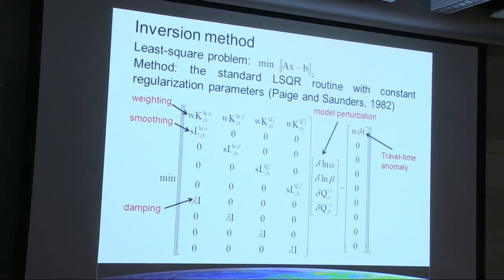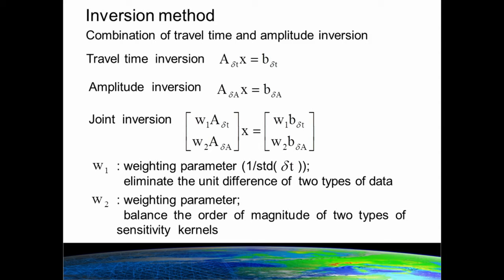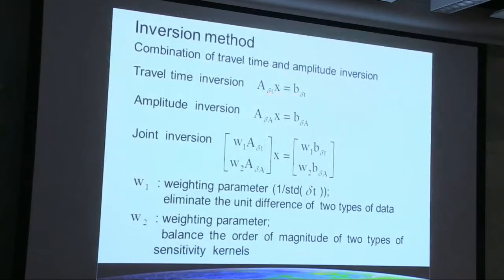Here we have the travel time anomaly. The amplitude anomaly could be written similarly. We plan to combine the travel time and amplitude information during the full waveform inversion. For the travel time only inversion, we will have this equation, where A delta t contains the travel time sensitivity kernels, X the model perturbation, B delta t is the travel time measurements.